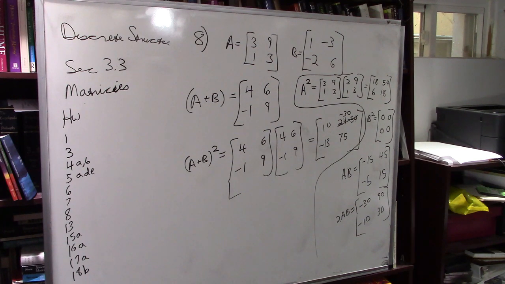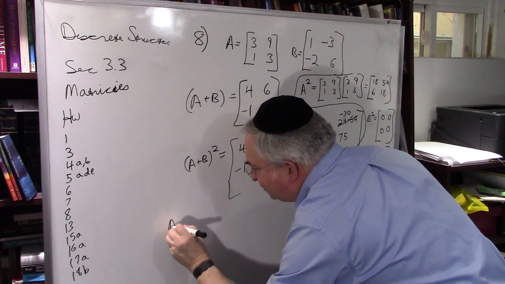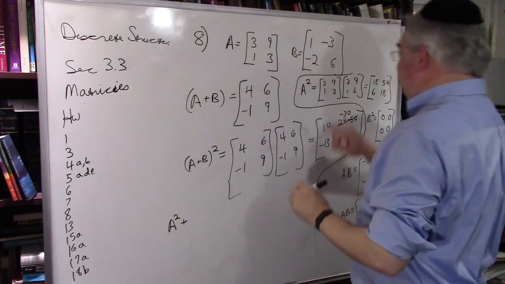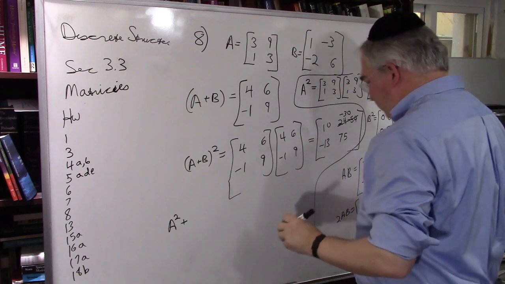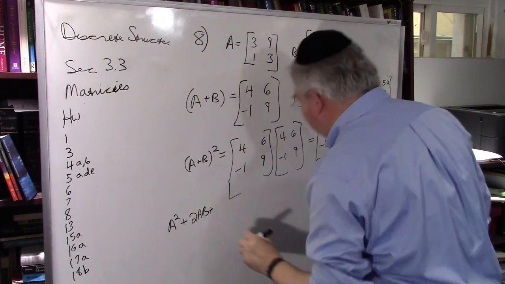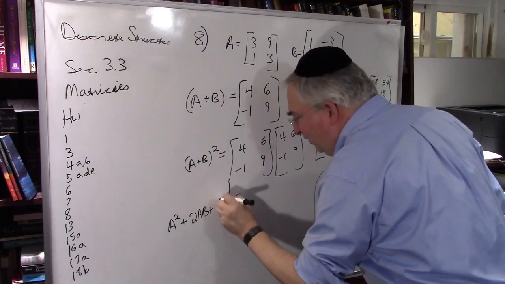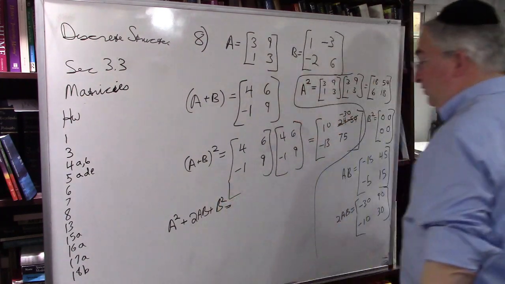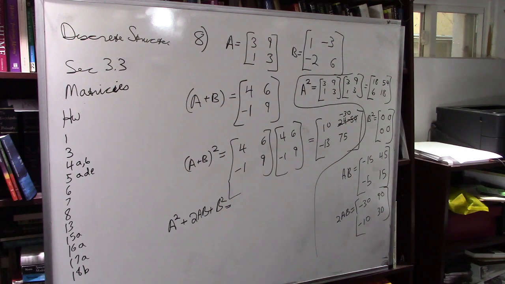Let's just make sure this is getting in the picture. Okay, it's there. Okay, so now we add these all together. A squared plus 2AB plus B squared is equal to, shoot.